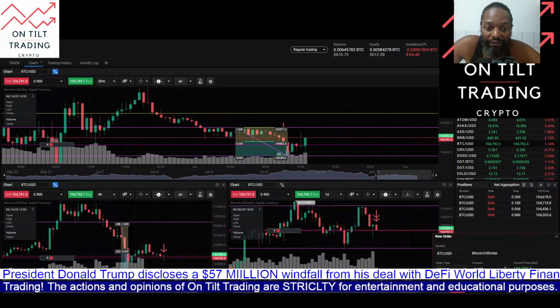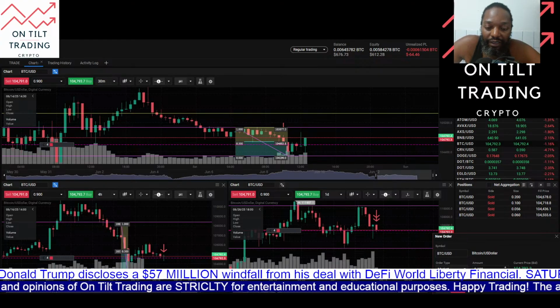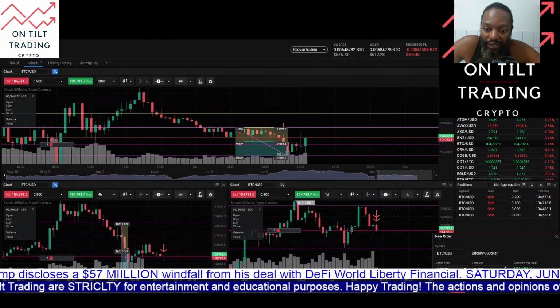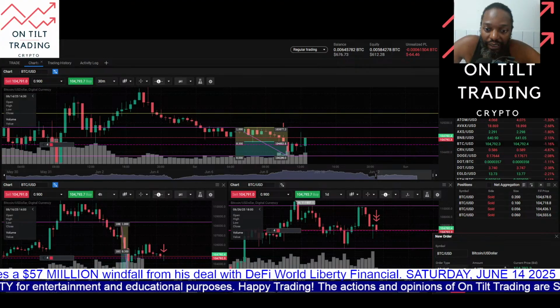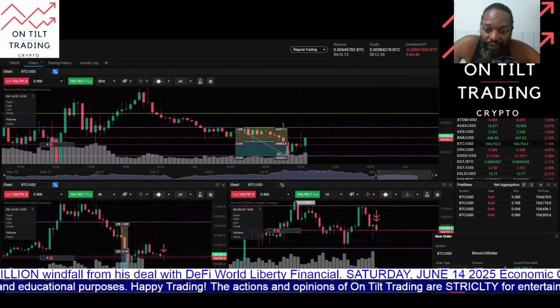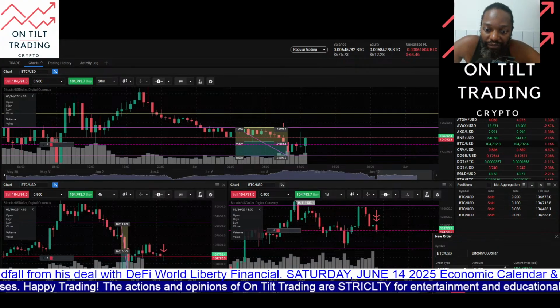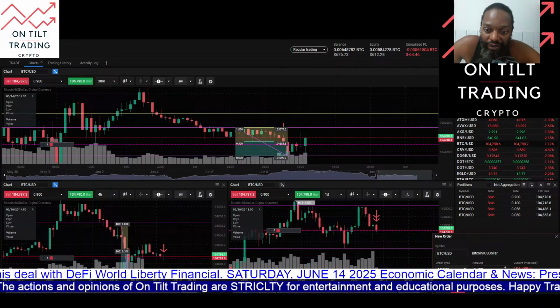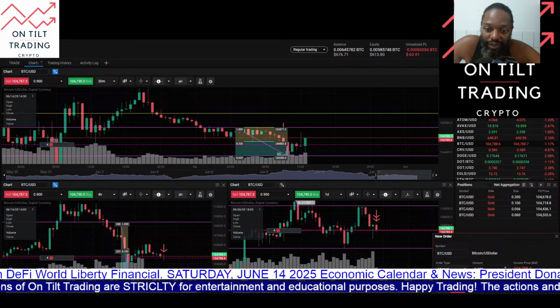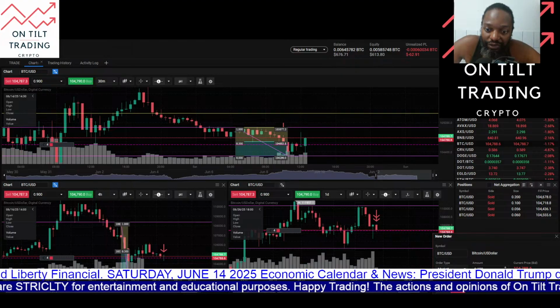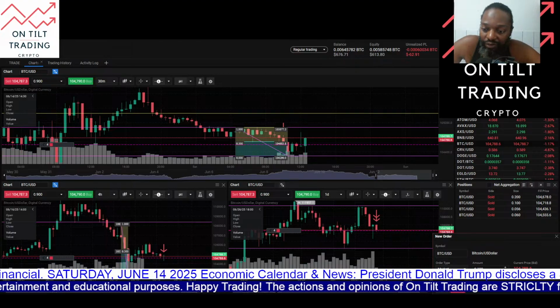That entry would not have been tested if I had taken it. Same thing here on the daily chart. This being the high here, this being the previous candle, and then this candle here looks very bullish. But then taking an entry here, you're in a great position now.